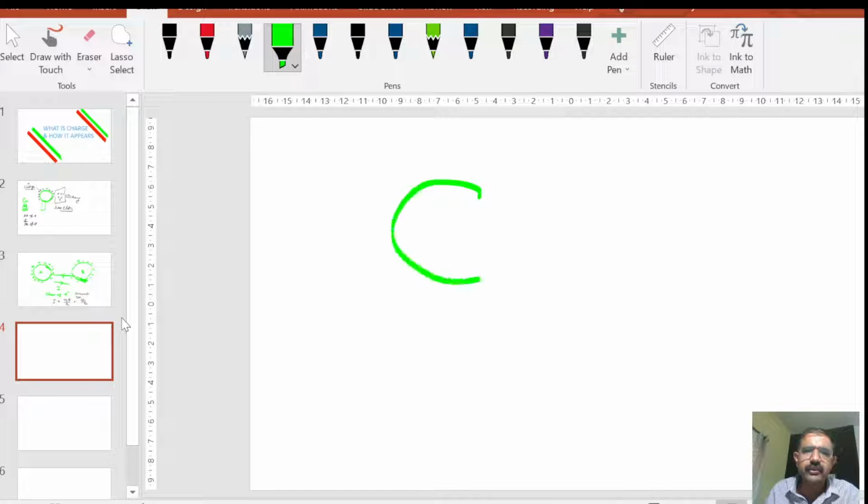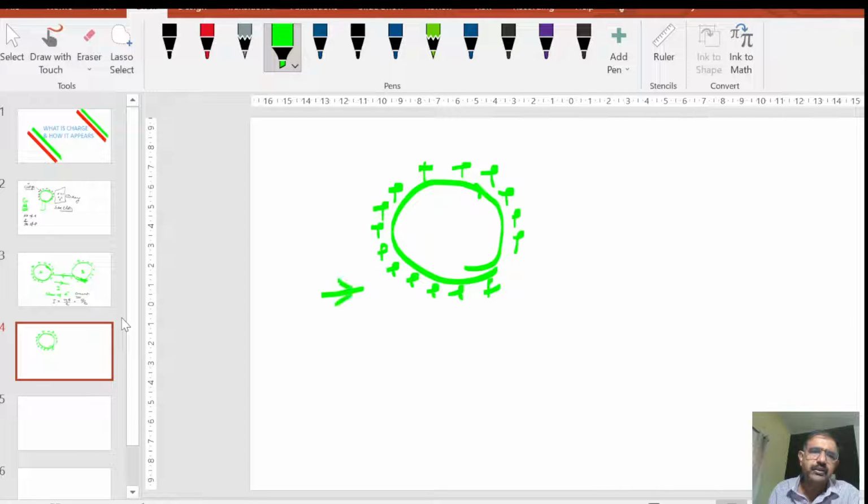Suppose this is the sphere which is positively charged, and suppose the charge on this sphere is 1 coulomb. So how many electrons do I have to remove to charge this sphere up to 1 coulomb? That we can find out by the formula Q equals N into e.